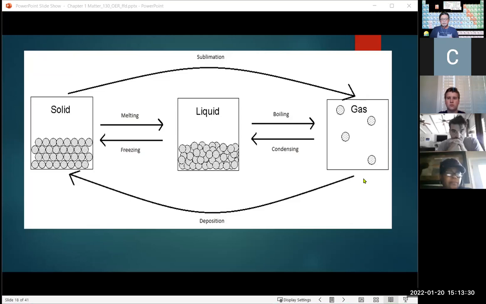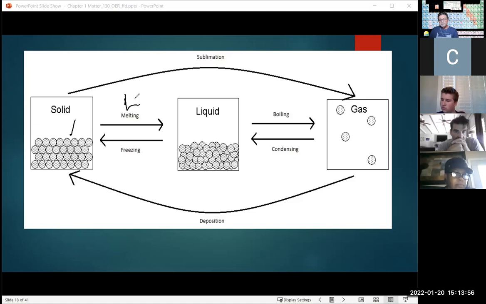And the diagram shows us the whole process. In this process, the physical change is a matter of putting energy into the system or taking it out. Okay, that's all we're doing here. You can see the diagram of a solid where the spheres represent whatever chemical we're working with. So they're all nice and ordered here. And then we put energy into the system.